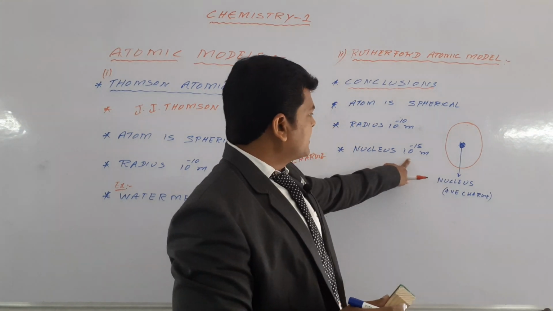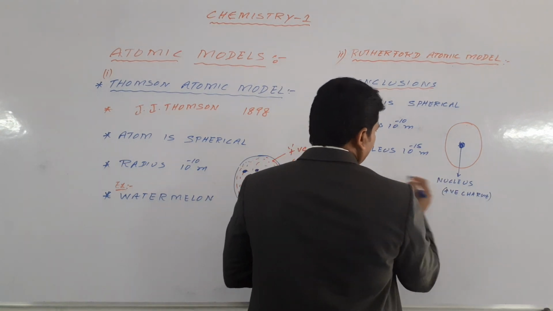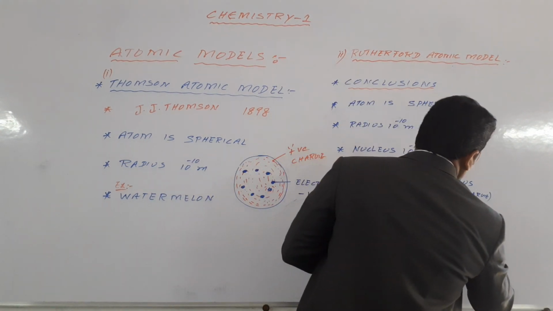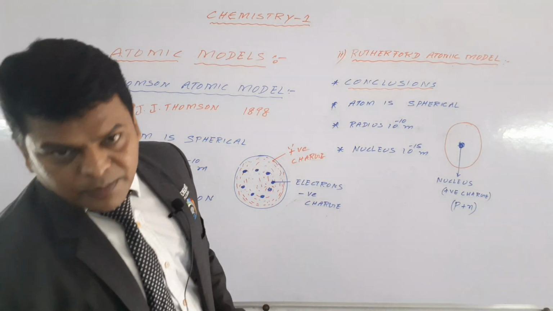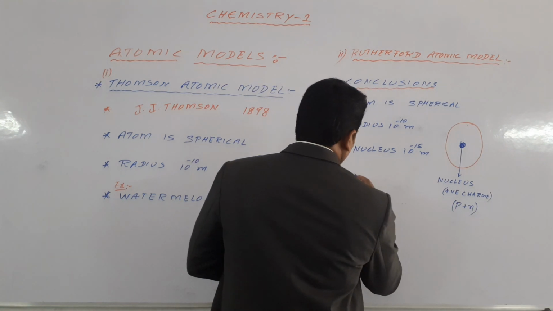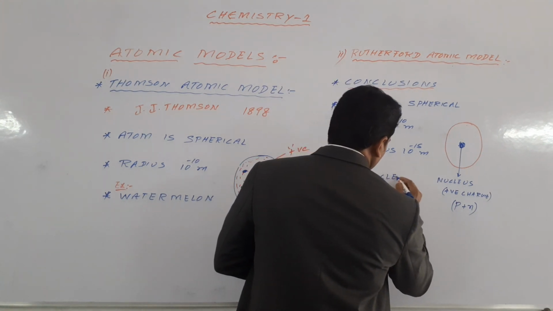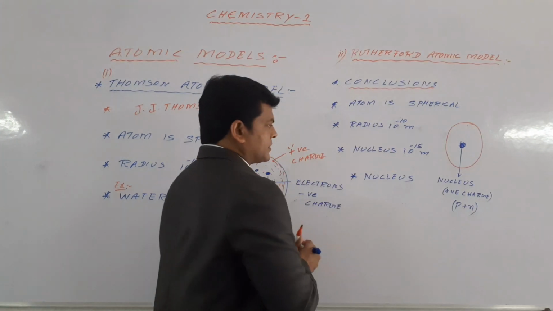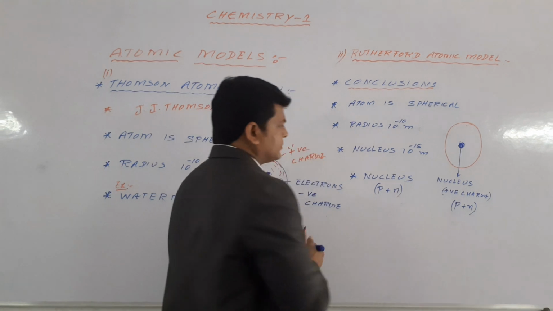Nucleus radius is 10 power minus 15 meters. The nucleus contains protons plus neutrons.